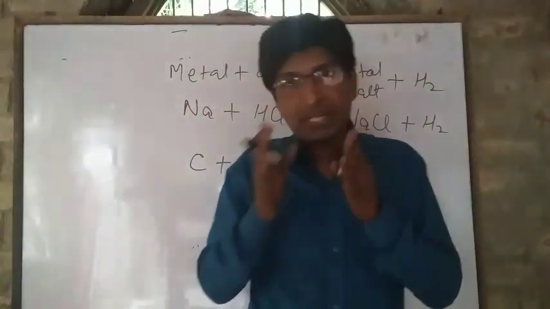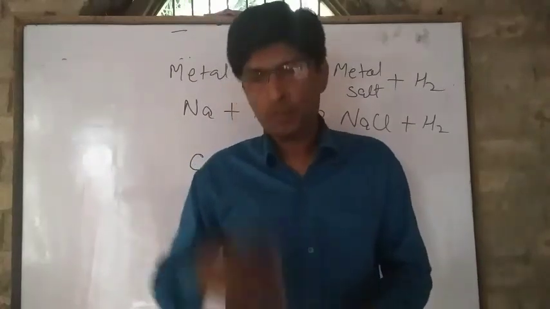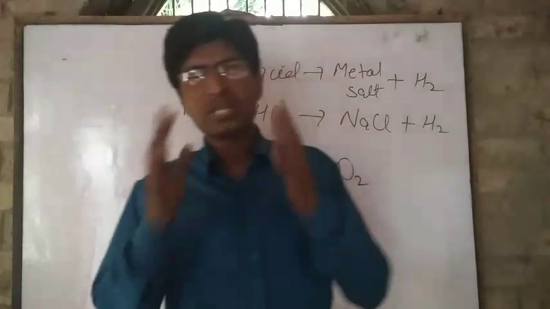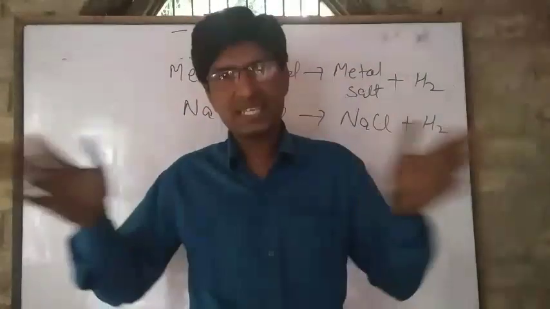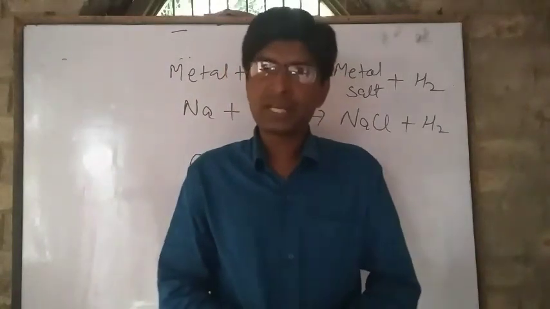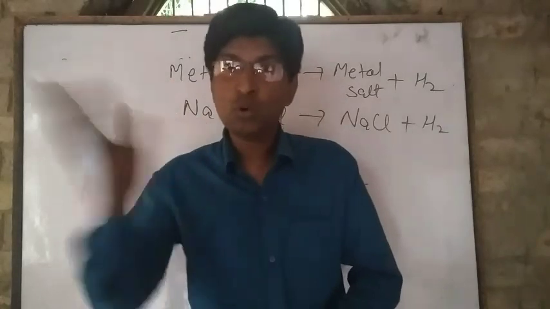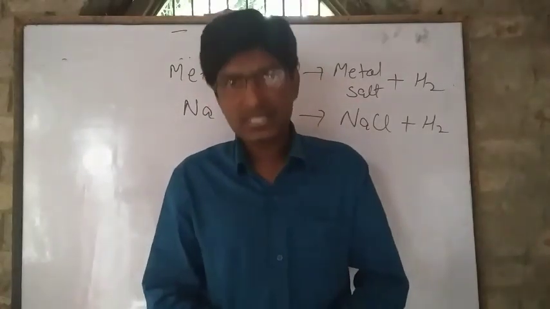Dear students, nonmetallic oxides are generally acidic in nature. For example, when sulfur reacts with oxygen, it produces sulfur dioxide. It is a nonmetallic oxide and it is acidic in nature. But some nonmetallic oxides are neutral also. For example, carbon monoxide and water are neutral oxides.